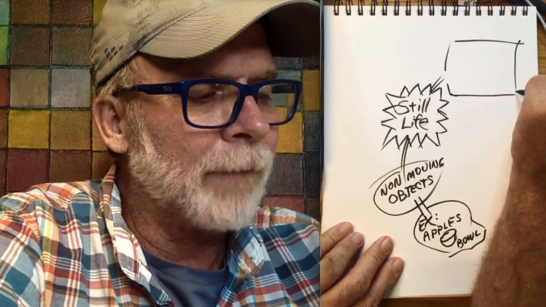Now, what else can we think about? What am I going to do in my still life, or what does a still life look like? In a still life, you probably have a back. You have to consider how you place your objects. So let's say we put an object here.